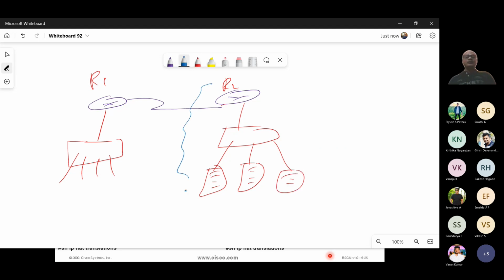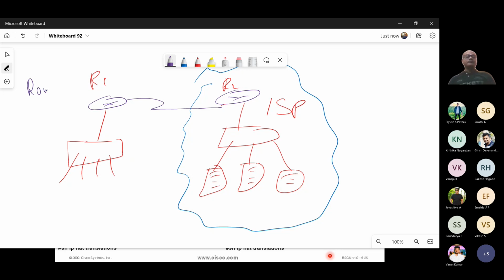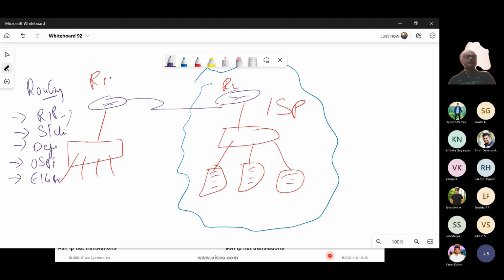Imagine this is my ISP. So now you tell me which routing protocol I should configure. Do you want me to configure RIP? Static? Default? OSPF? EIGRP? And where do you want me to configure, in R1 or in R2?